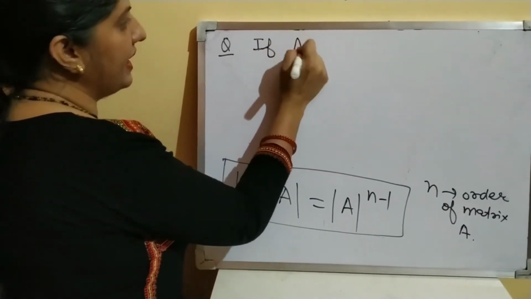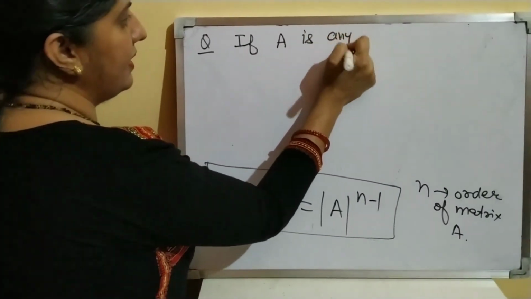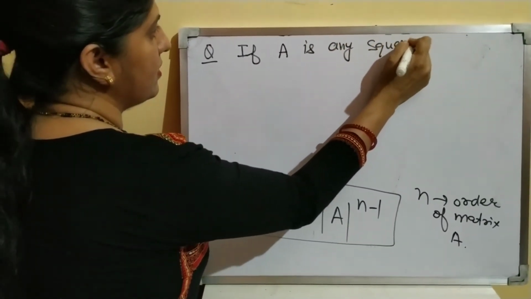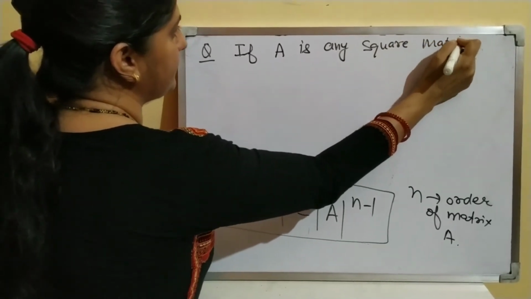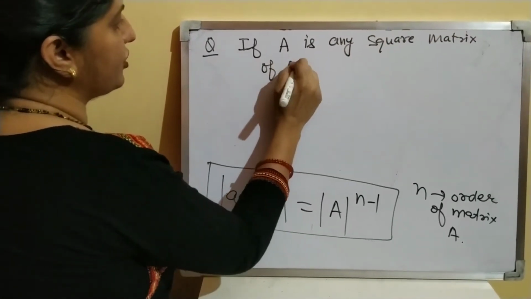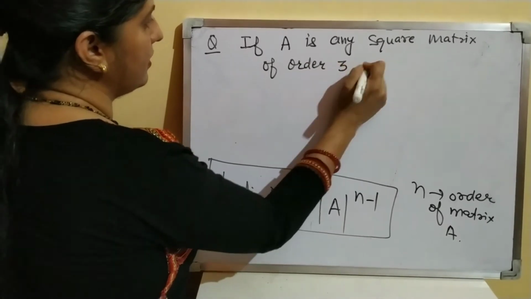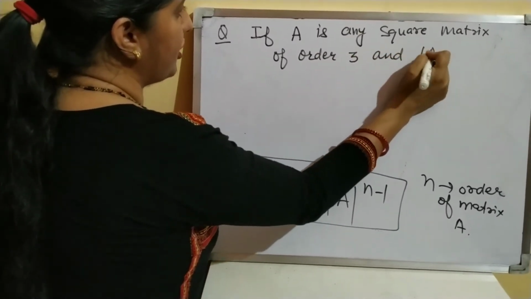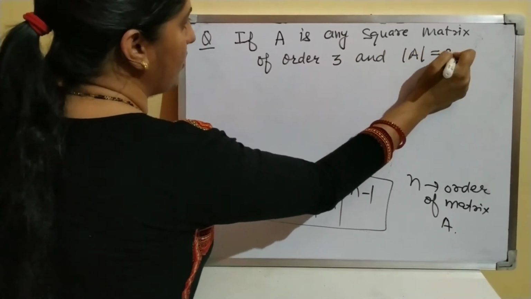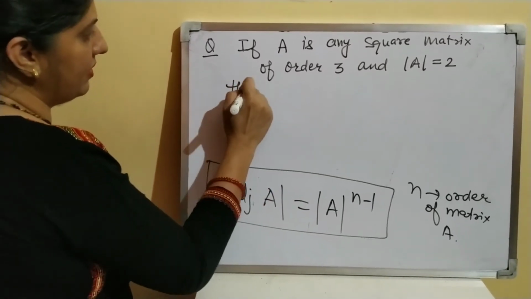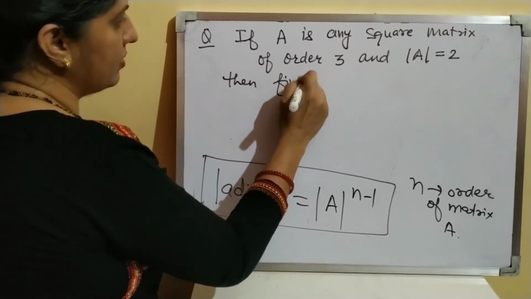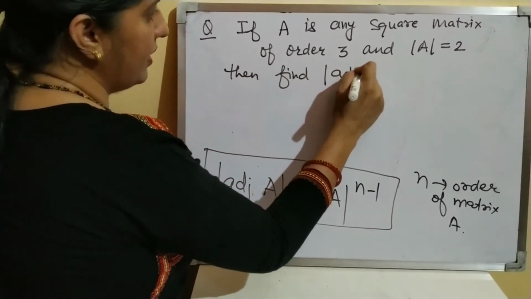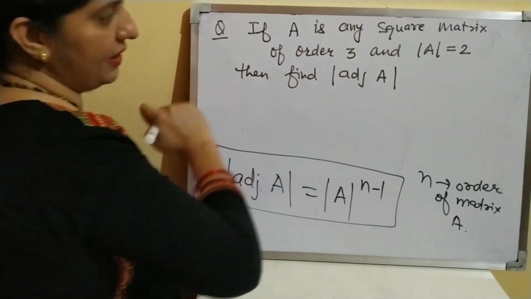If A is any square matrix of order 3 and determinant of A is equal to 2, then find determinant of adjoint of A.